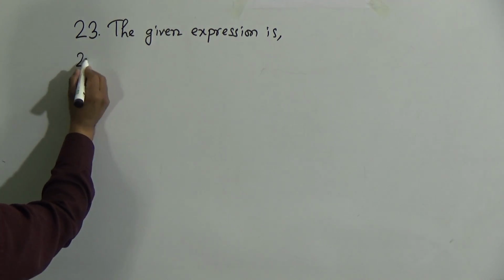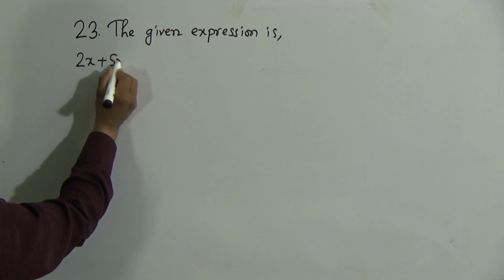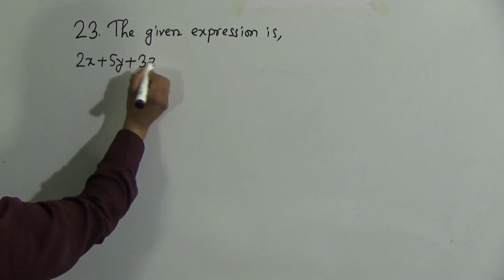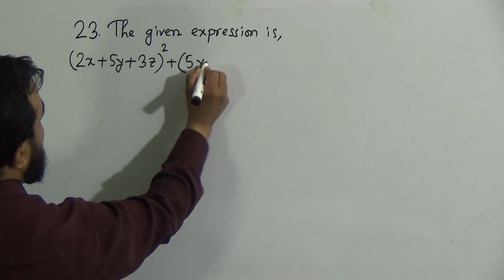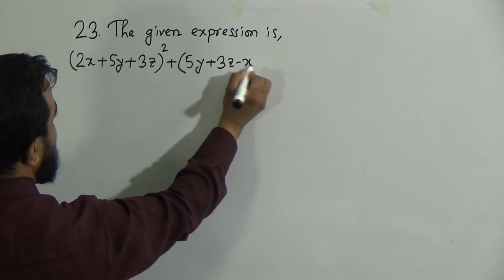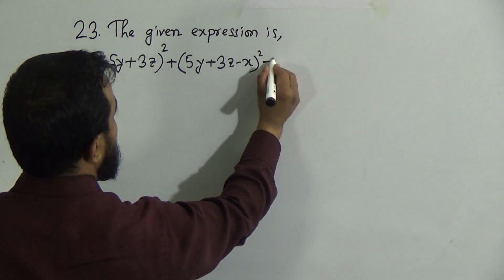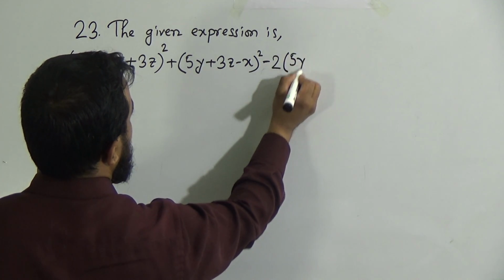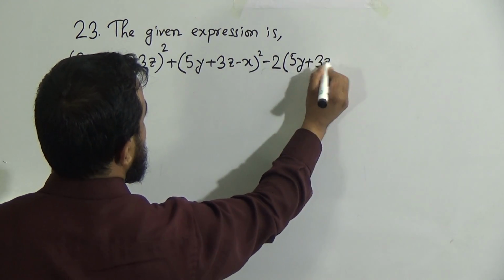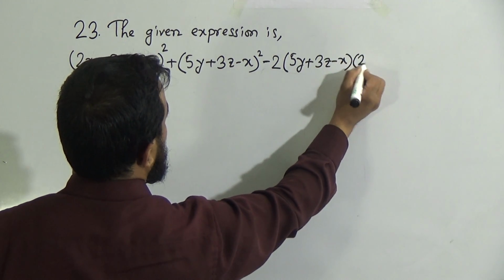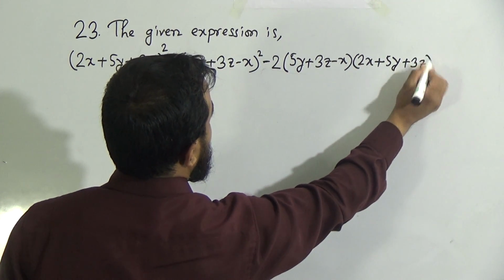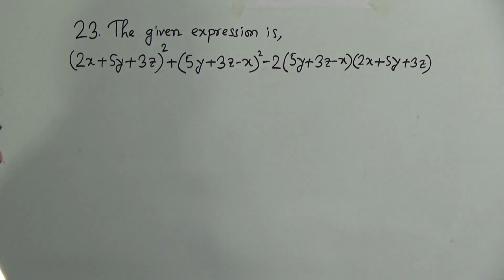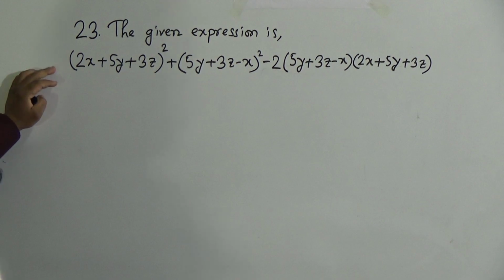It's twice x plus 5y plus thrice z whole square plus 5y plus thrice z minus x whole square minus 2 into 5y plus thrice z minus x into twice x plus 5y plus thrice z. This one is our given expression. We have to solve this one. Okay, we have to simplify this one. We will take help from our formula.